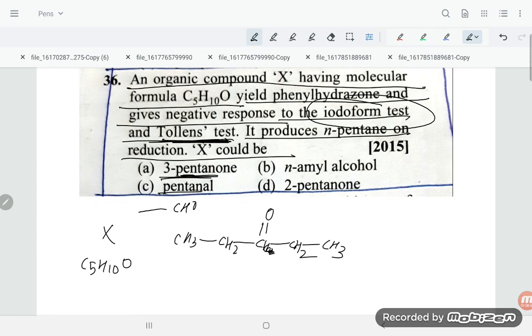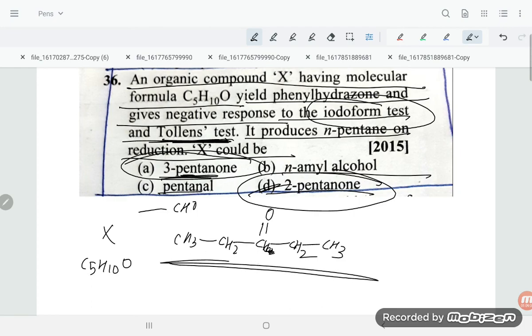Next one is amyl alcohol. If it is not giving any response with pentanone, our required answer will be option number 1, because it is not going to give any iodoform test. In 3-pentanone there is no methyl ketone group, so it will not. On reduction of the carbonyl compound, our answer will be option number A, dear student.